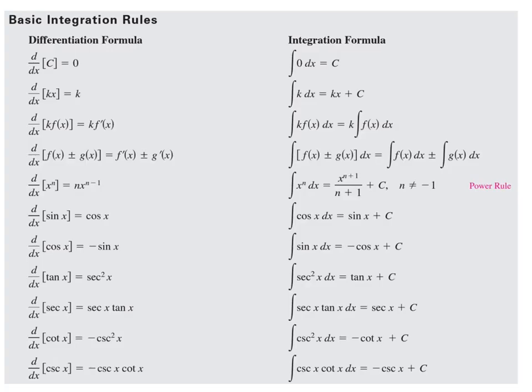And here we have basic integration rules. Much like we had basic differentiation or derivative rules, integration formulas just work backwards to find the original. So for example, we had the derivative of a constant is 0, so the integral of 0 is going to be some constant.